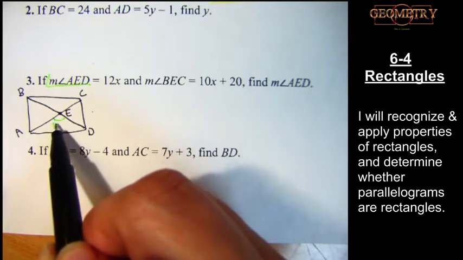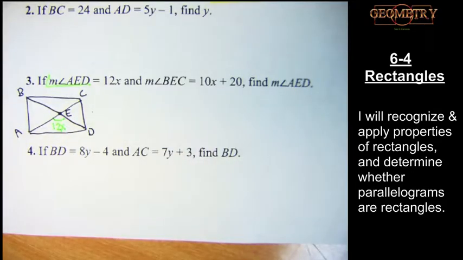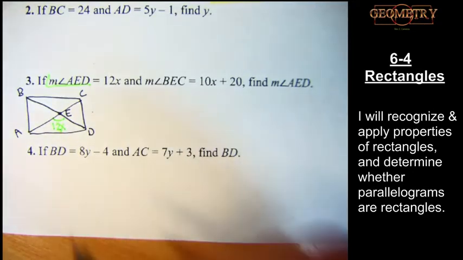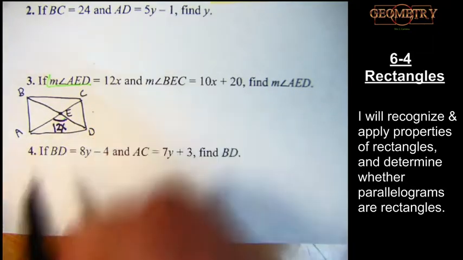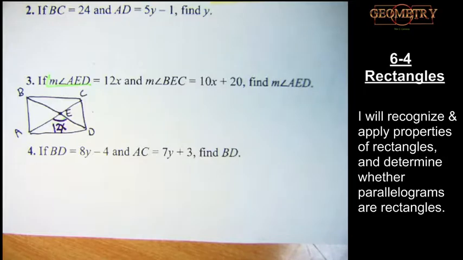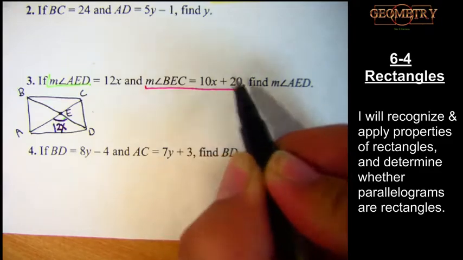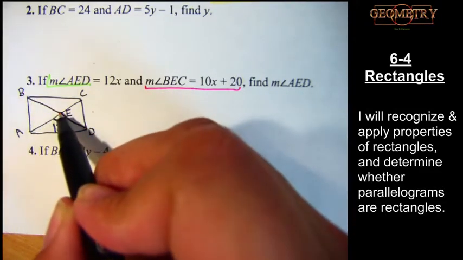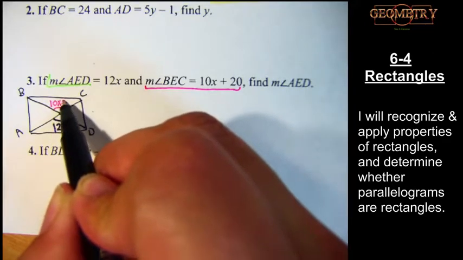So that angle measures 12x. Sorry, that was too light, let me change the color, make it darker. And then this is measure of angle BEC. BEC. This angle measure is 10x plus 20.